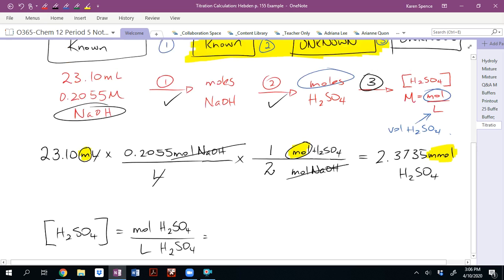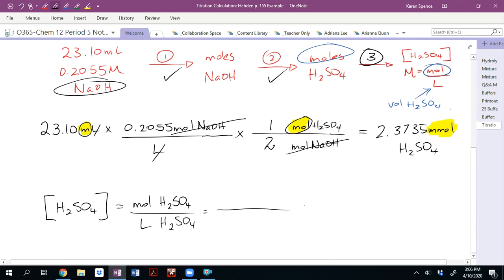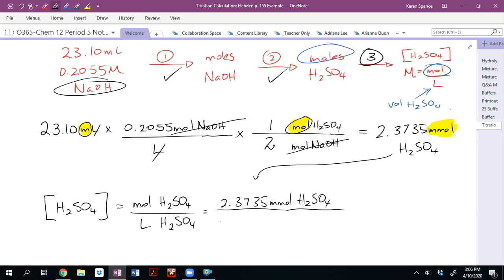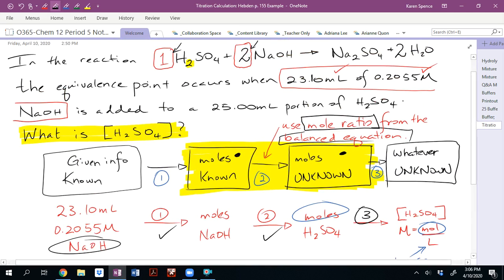Moles of H2SO4, right from here, plug that in, 2.3735 millimoles of H2SO4 over, and we will use milliliters here so that the milli cancels and we'll be left with moles per liter. 25.0 milliliters of H2SO4.